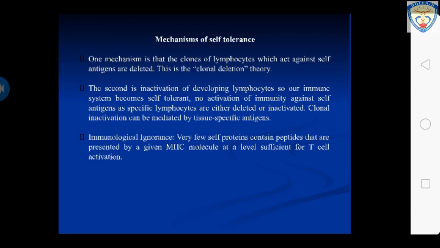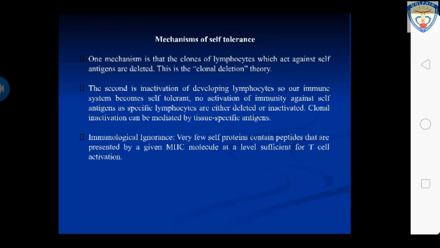Now, one mechanism which is the most popular is the clonal deletion theory. It says that the clones of lymphocytes which act against self-antigens are deleted.